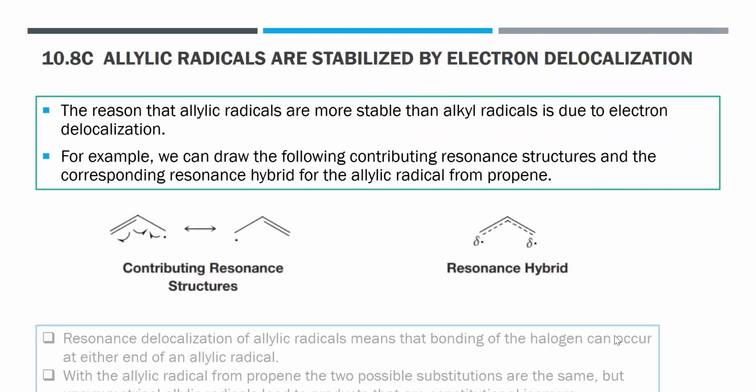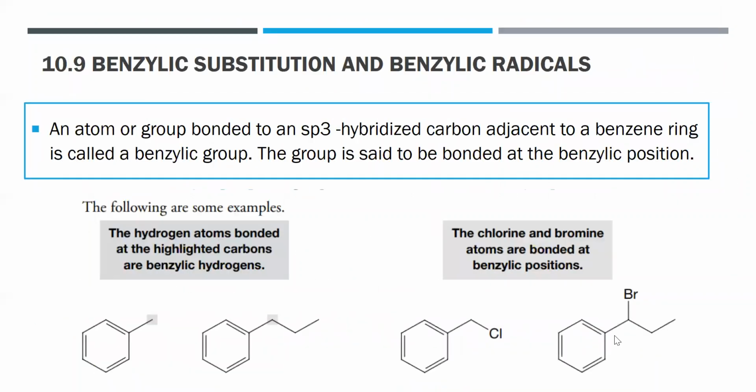Aside from the allylic radicals, we also have an important radical that is also stabilized by electron delocalization, and that is the benzylic position. So what is that benzylic position? You have your benzene ring, and you have this carbon, the benzylic position, with carbon and hydrogen.